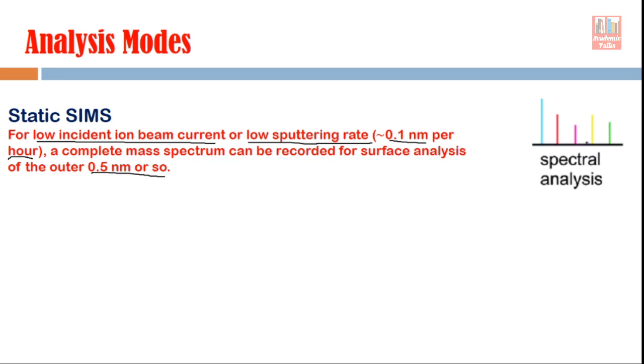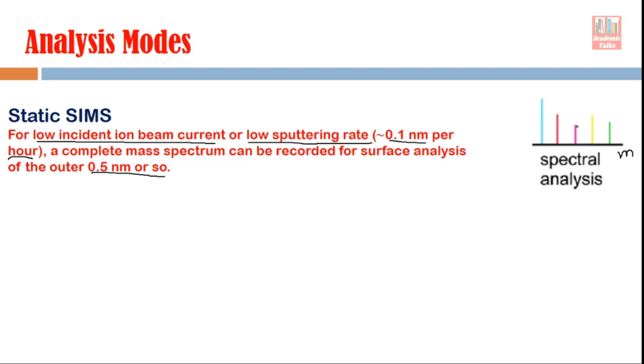So the spectrum is like this. Slowly, we are sputtering the top surface. On the x-axis of the spectrum is mass number, and on the y-axis we have intensity, or you can say the count, and the peak amplitude indicates the relative concentration of that particular mass number in the sample, right?